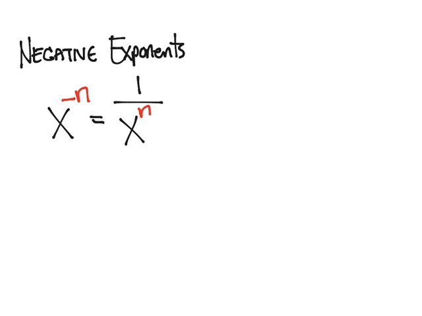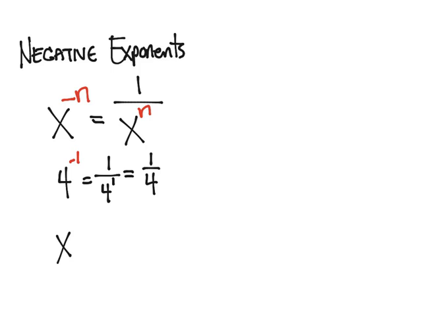That is to say, we've inverted it and found the inverse of x raised to the n. You'll also notice that the value of the exponent has gone from negative to positive. For example, 4 to the negative 1 power will be equal to 1 divided by 4 to the 1st. We know from the power of 1 that 4 to the 1st is 4, so this is simply equal to 1/4.